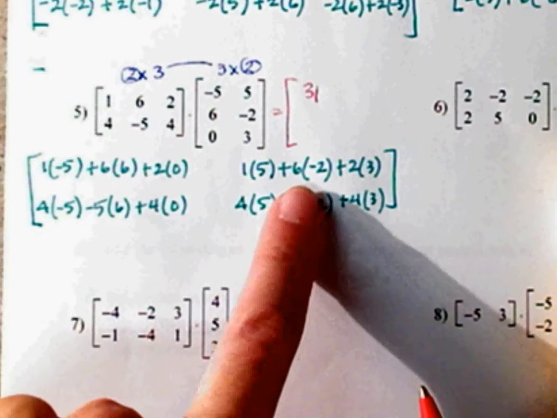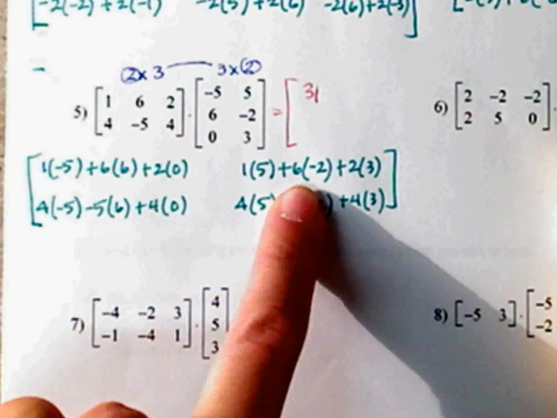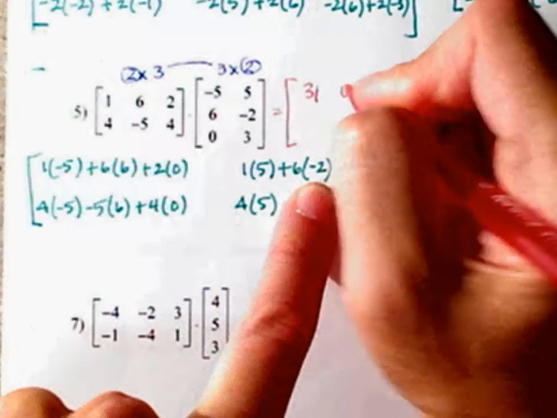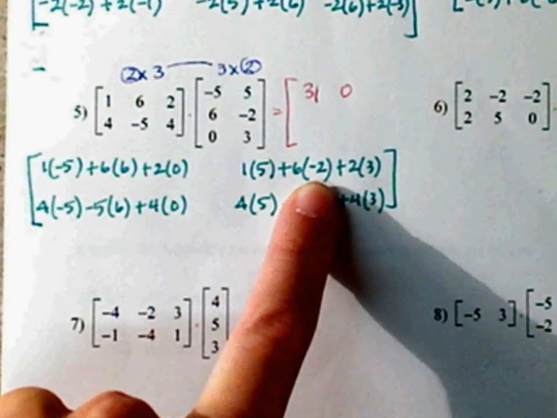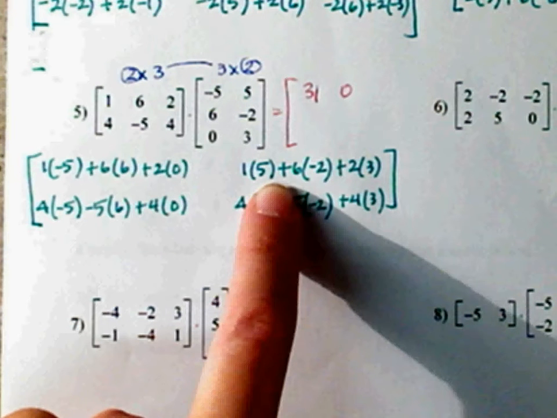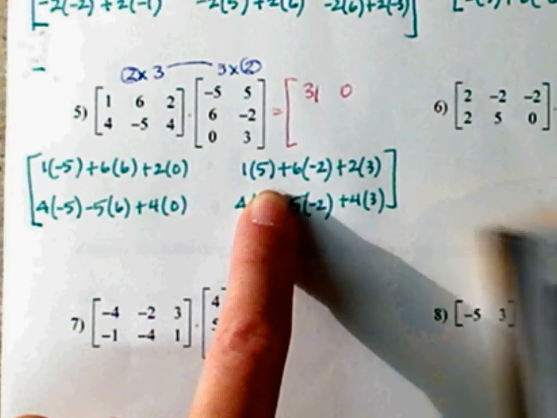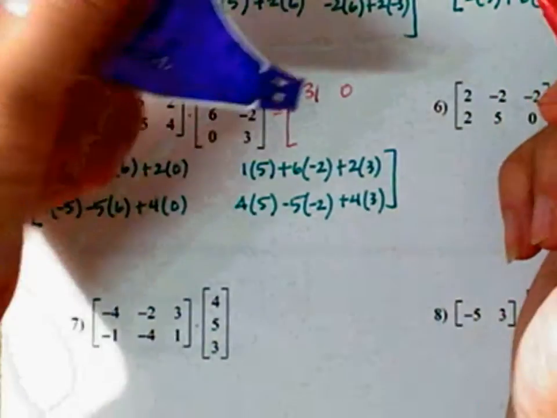Next one, 5 minus 12 plus 6 is actually negative 1. I knew that didn't look right.